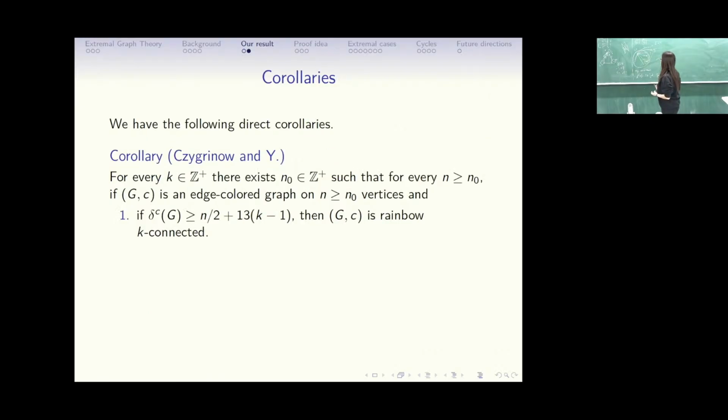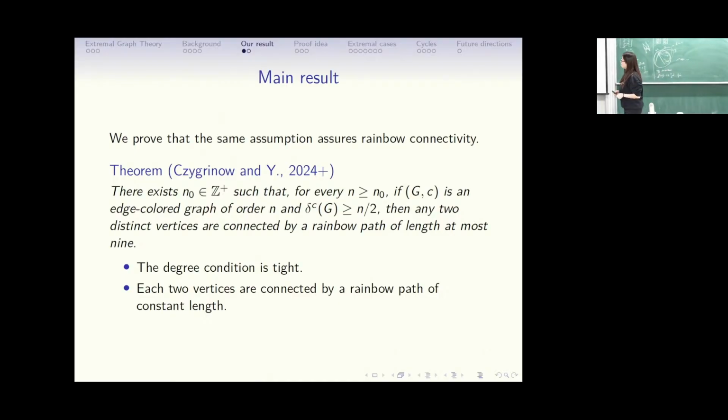Okay. And I'm sorry, can I ask a stupid question? Can you go back again? In the theorem, if I forget about rainbowness, if every vertex has degree at least n by 2, then is there a bound on the length of the shortest path between two vertices without the colors?